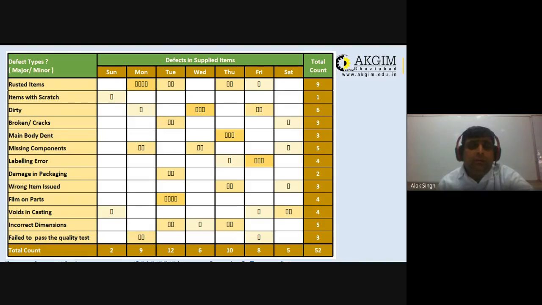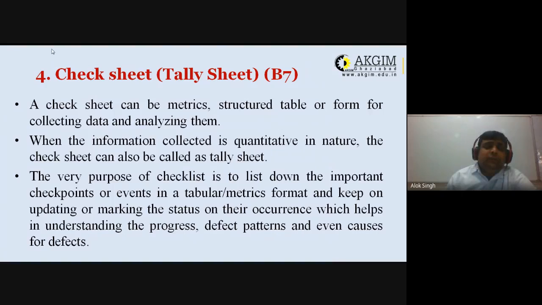So all this data you can access by using the checklist, or check sheet, or tally sheet.